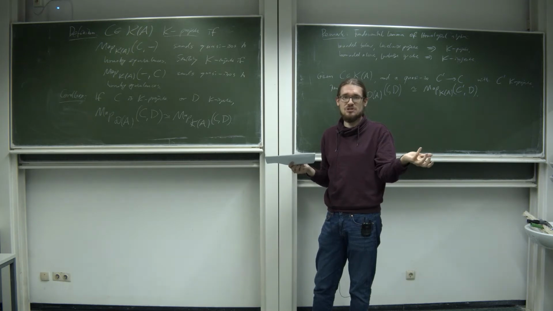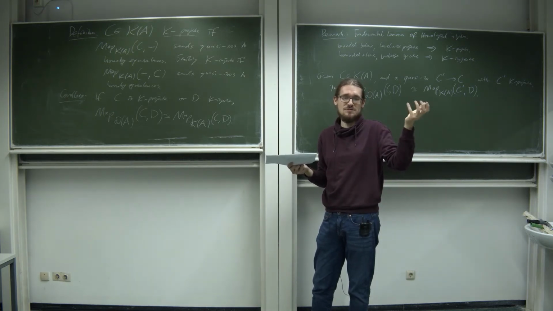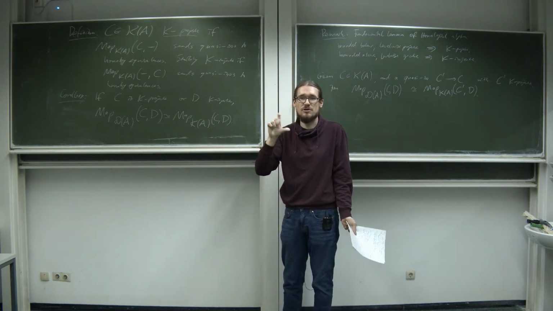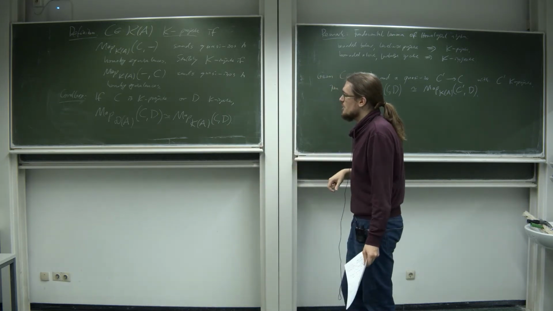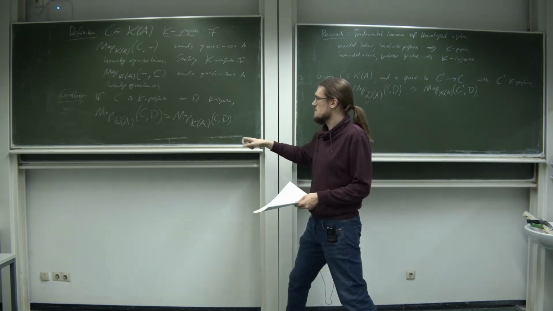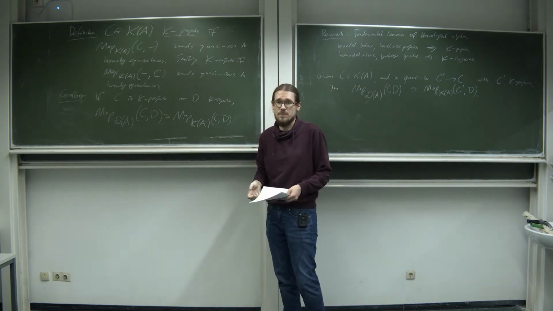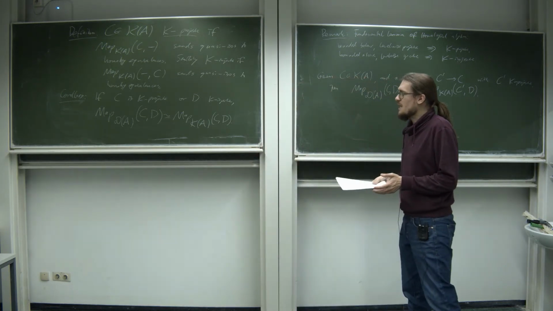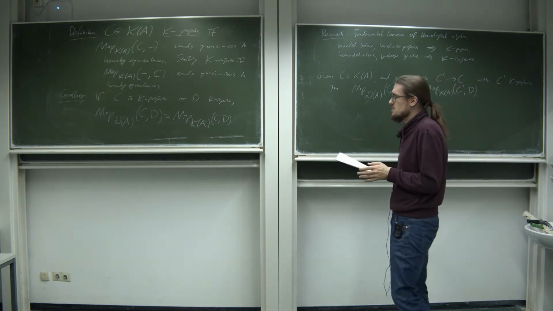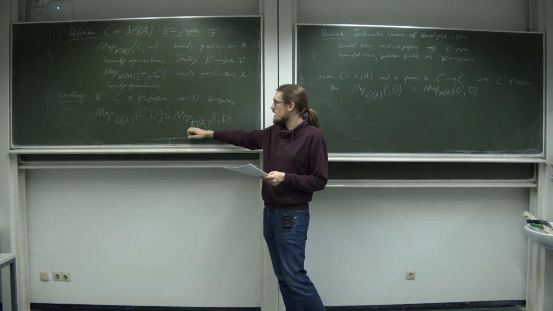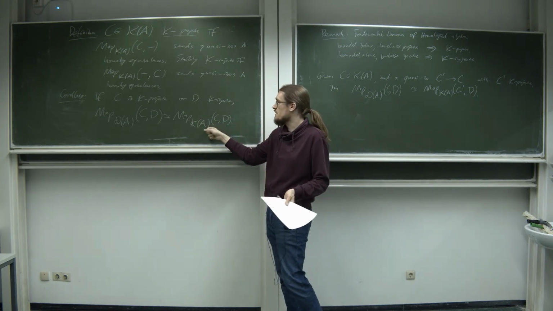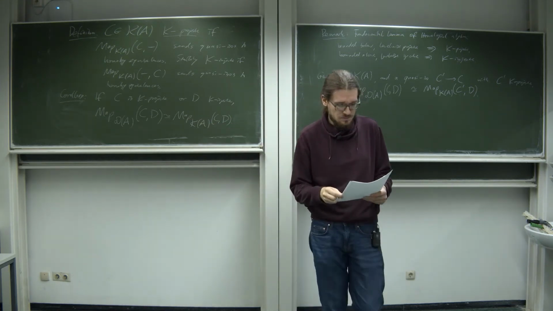If every object can be represented by a K-projective one, then it suffices to check against those, but then the mapping spaces are the same, so being a limit cone in either of the categories is the same condition. And similarly, if every object can be represented by a K-injective one, then colimits from K(A) to D(A) are preserved. So we'll see now that actually we don't need to require that if we just care about finite limits and colimits. We saw in the previous lecture that K(A) has all finite limits and colimits, and we will see that the same is true for D(A), and that the functor preserves all of them.